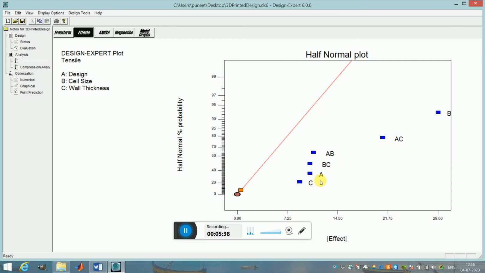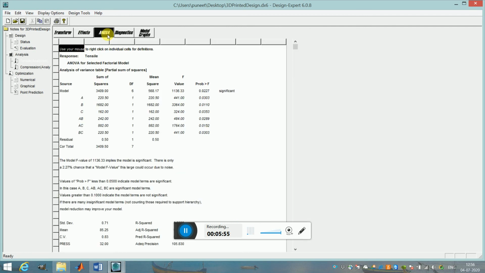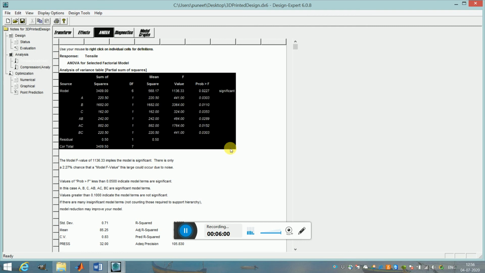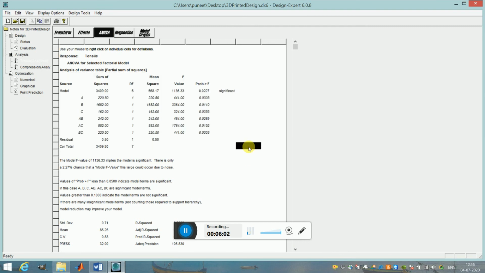So what is A, B, C? A is the two designs, B is cell size, C is wall thickness, and AB, BC, CA are the interactions. So I have selected all of them, and then I will perform the ANOVA test, the analysis of variance. Here is the table which gives me the analysis of variance results.